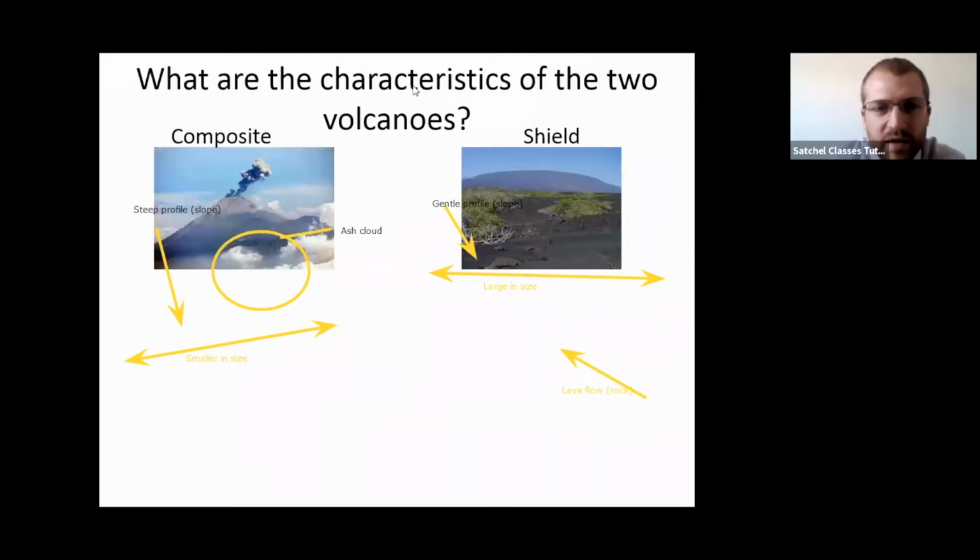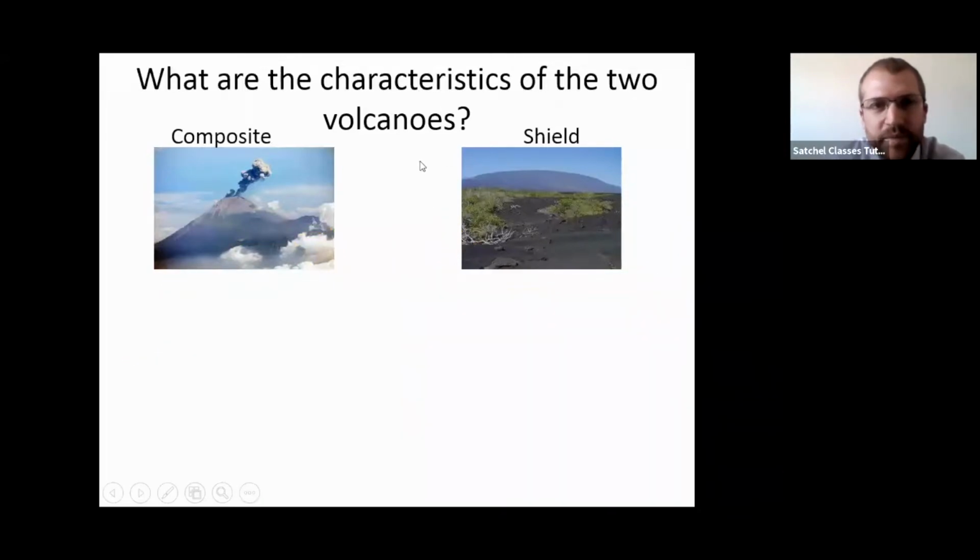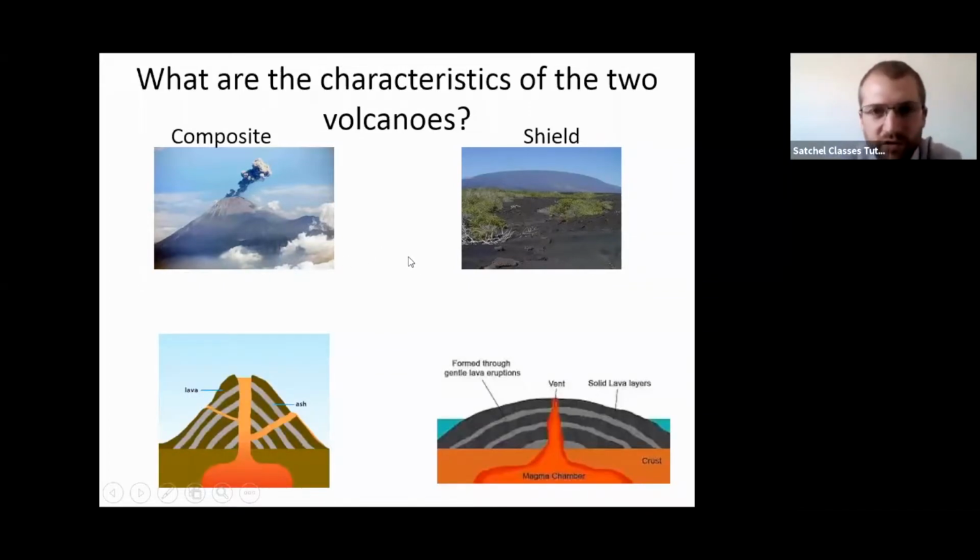And I'll clear these diagrams. So these are known as our composite and our shield volcano, respectively. Inside of them, using some of those ideas we looked at before, we can begin to find out a few more characteristics and begin to explain why they are different. Just to support each one, we can see a different shaped profile.